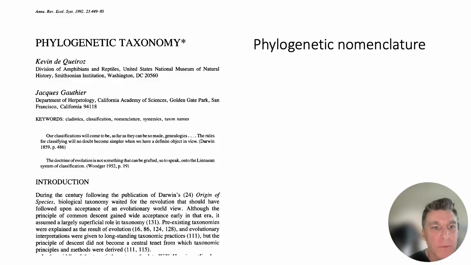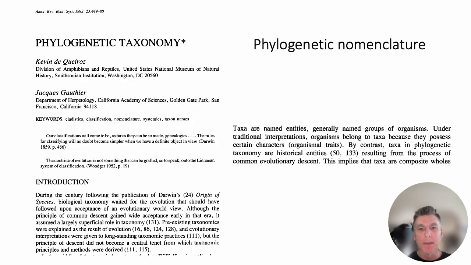Pre-existing taxonomies were explained as the result of evolution, and evolutionary interpretations were given to long-standing taxonomic practices. But the principle of descent did not become a central tenet from which taxonomic principles and methods were derived. So hopefully you can see how that passage influenced my treatment of the history of systematics. If you can kind of draw that link, you'll be in pretty good shape.